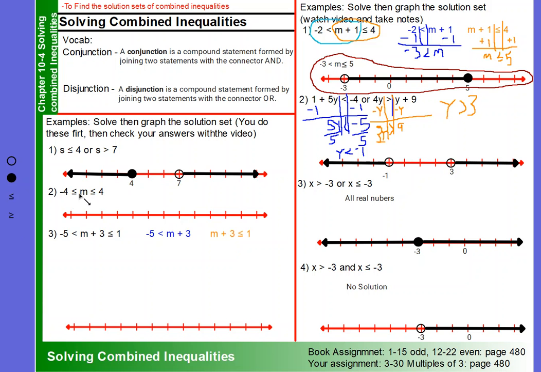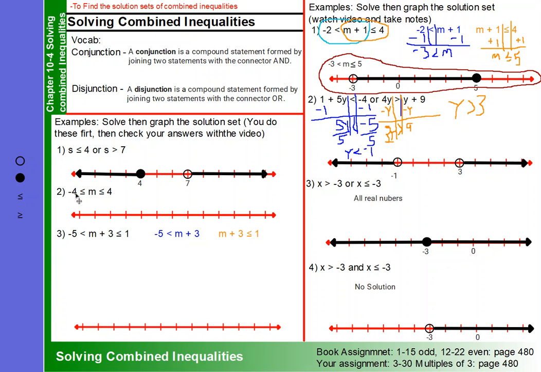For question 2, we have a conjunction, and it is written in its simplest form, just like the one we had here. Let's get going. The first thing it says is that negative 4 is less than or equal to m.